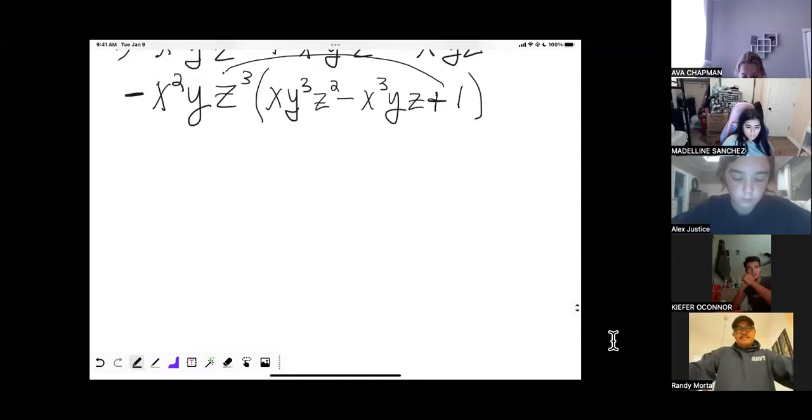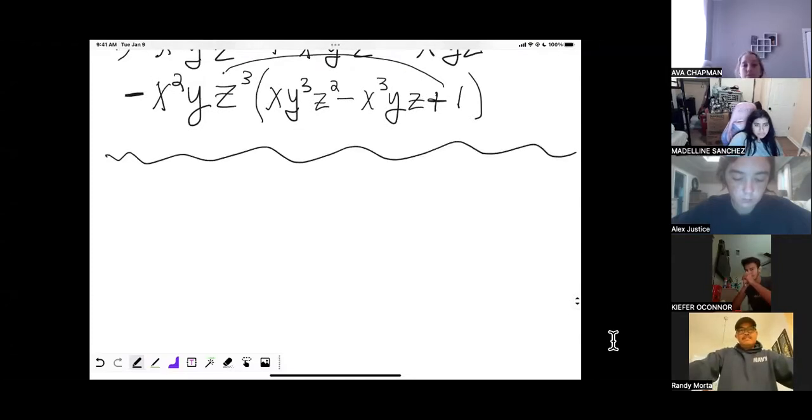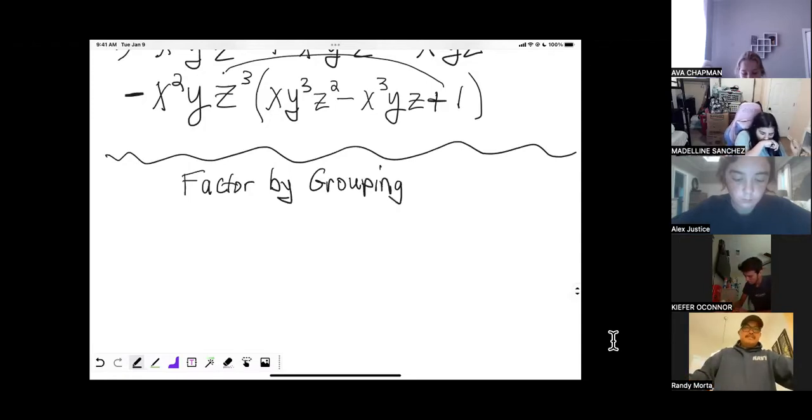All right, so one thing with factoring that you can do is a technique called factor by grouping, which uses greatest common factors. That's why we learn it first.